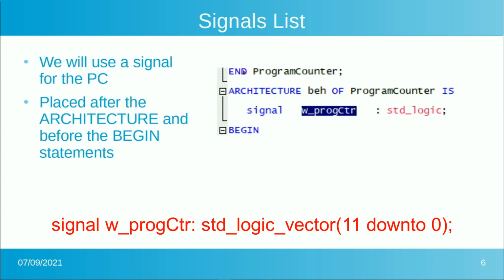But that gets placed after the end from the previous step and below the architecture, but before the beginning of the block itself. Well, we're calling the architecture BEH, like behavior, but again, it could be Uncle Fred. It doesn't really matter. And that same program counter name appears here. Those three have to match: the beginning of the entity, the end of the entity, and the beginning of the architecture.